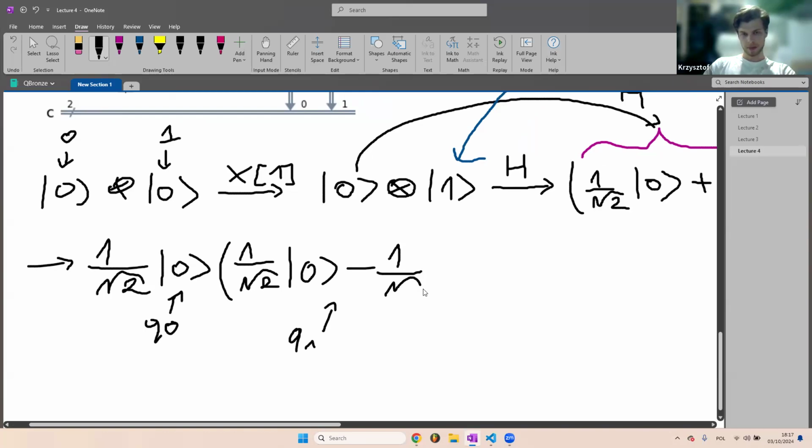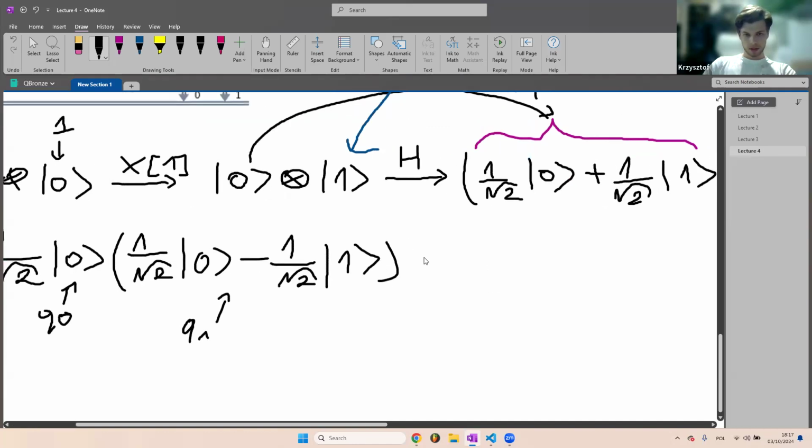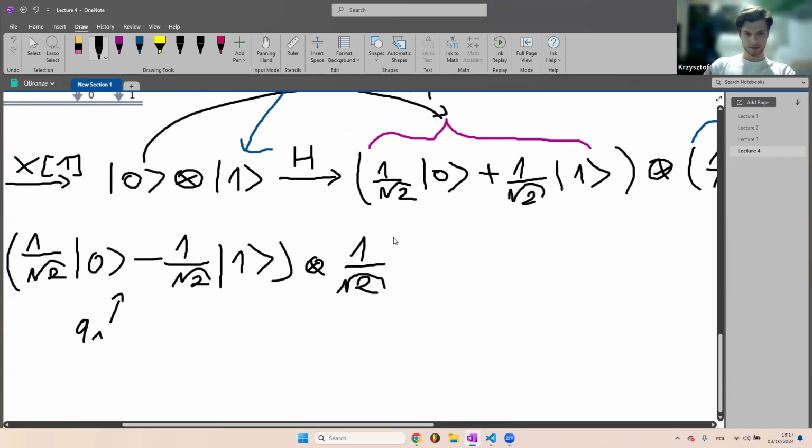And again, minus in front of the 1. A lot of calculations today, so we'll have to be quite patient. Again, rewriting the state of the first qubit.